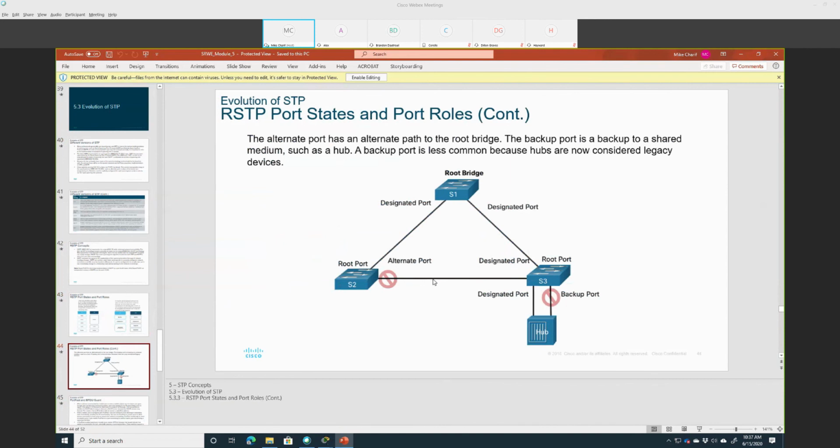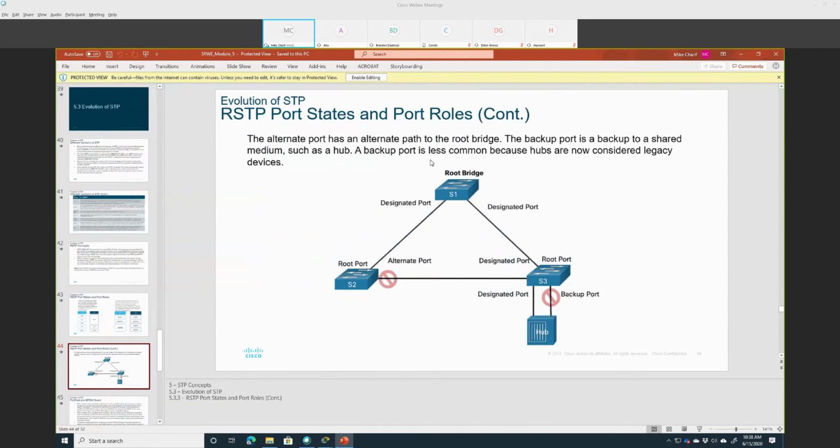Notice, for example, I have designated, so this is the root bridge. Over here, this is the root port, this is the root port. Now it's blocked over here. Now you have a switch S3, and you have a hub right here.